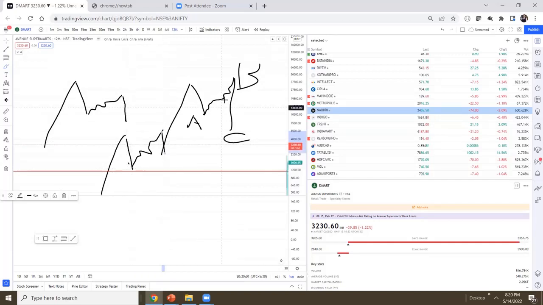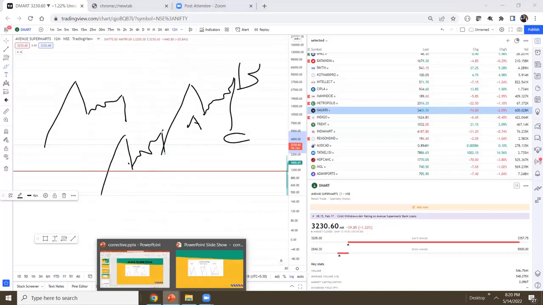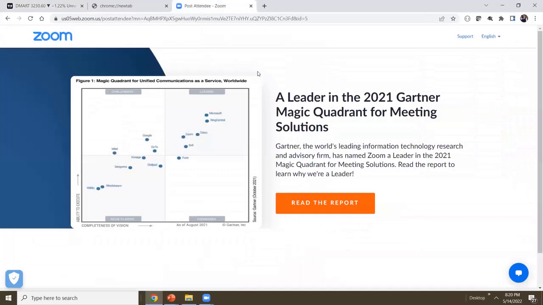In an expanded flat, it breaks this top, this top and this bottom also, but in a running correction, this bottom is not broken. So are you able to remember these three diagrams? Is there any doubt on these? Anyone can unmute yourself and ask.